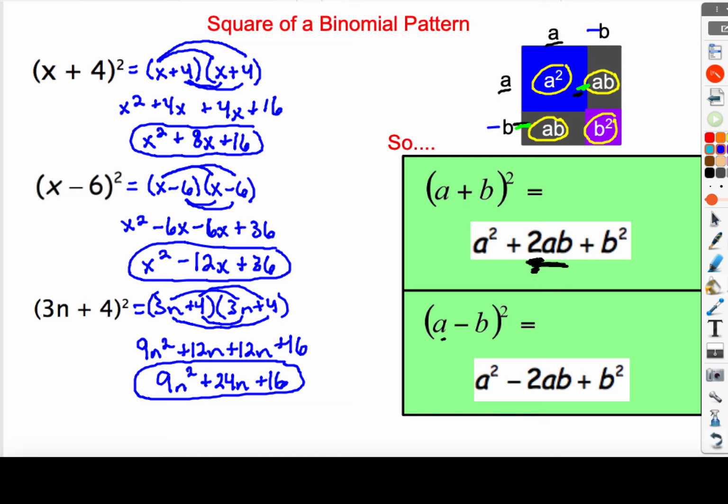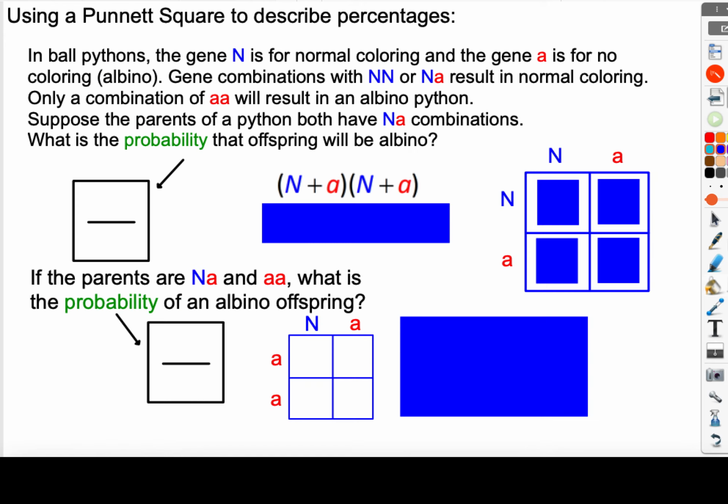Now, we can sometimes see this a little bit in science class as well. If you're familiar with Punnett squares, we'll talk about this very quickly. Basically, if an animal, like a ball python here as our example, has some genes, we have dominant genes and we have recessive genes. So again, the N is for normal coloring and A would be for an albino snake.